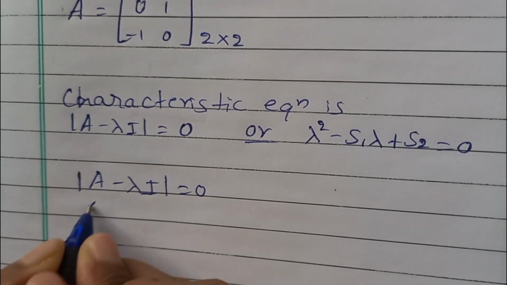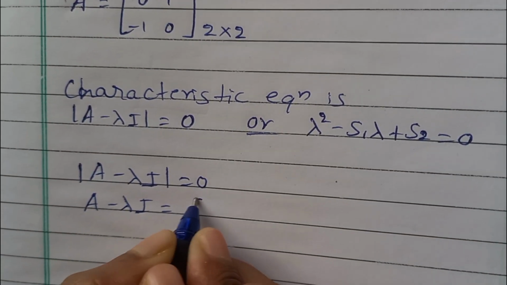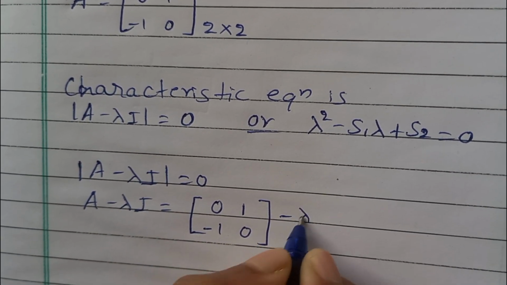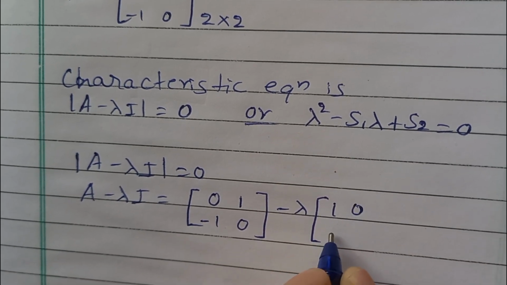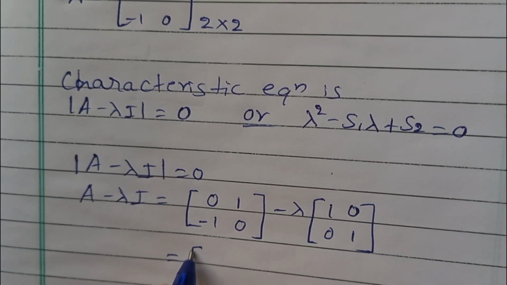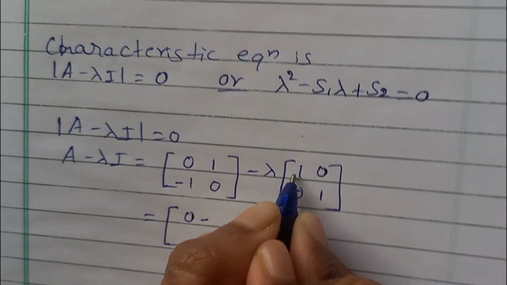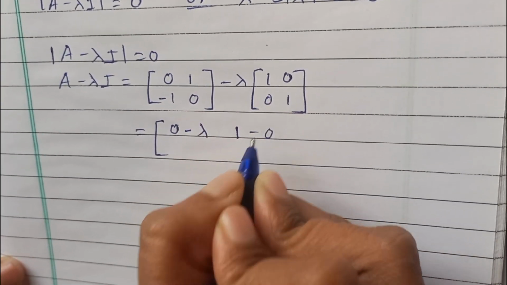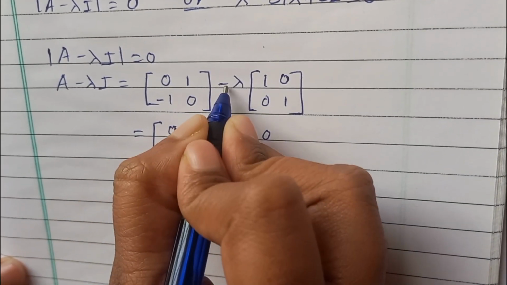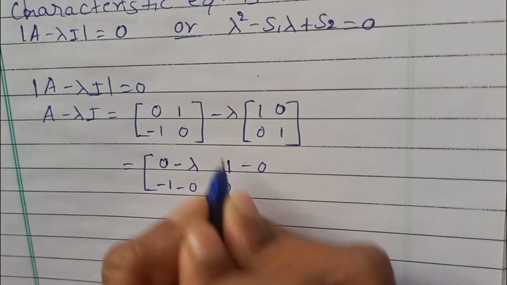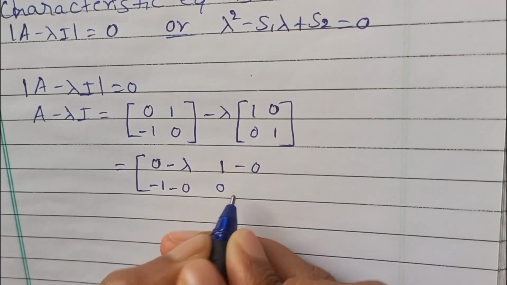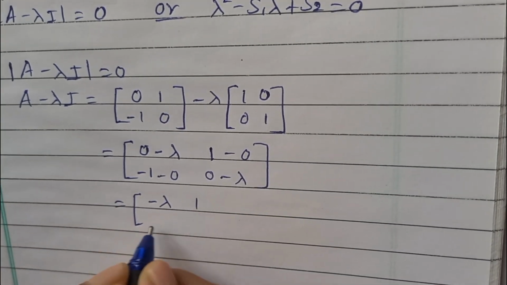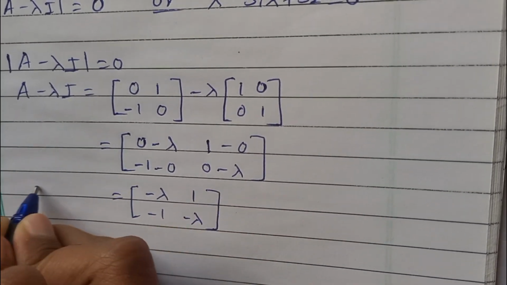First, we find A minus lambda I, which is equal to, they have given A as 0, 1, minus 1, 0, minus lambda, I is the identity matrix 1, 0, 0, 1. Which gives the matrix minus lambda, 1, minus 1, minus lambda.